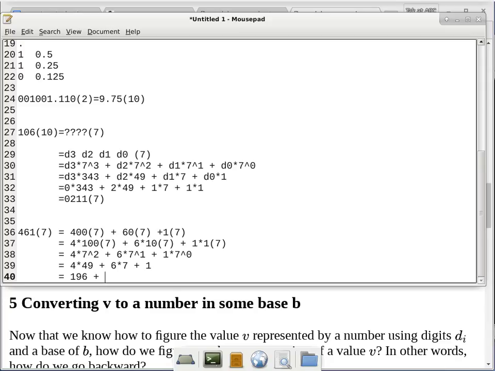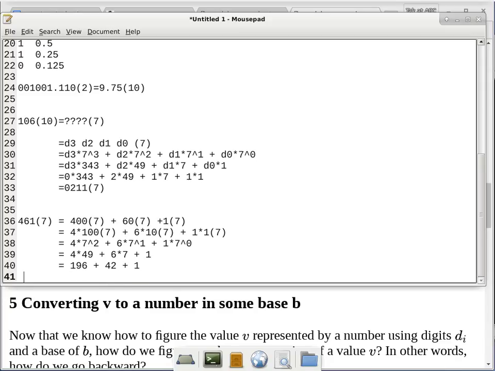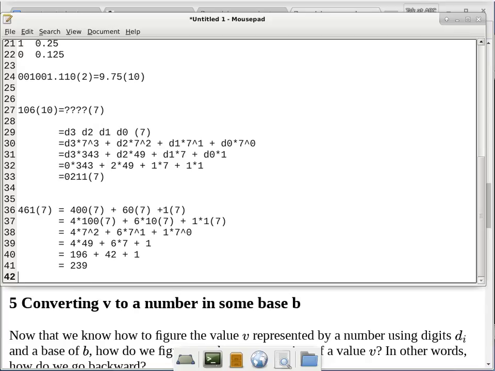And next one is 42. And plus 1. Okay, this is the difficult part for me. Arithmetic is difficult. All I'm going to say is I will blame it on base 10. So the whole thing adds up to 239? Okay, all right. And that's a base 10 number.